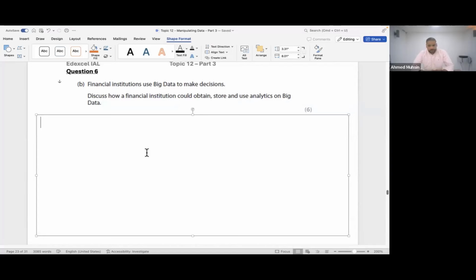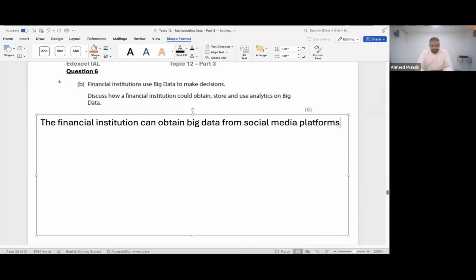Shall I just mention these two for now? You can say the financial institution can obtain data from social media platforms, such as Facebook and LinkedIn.